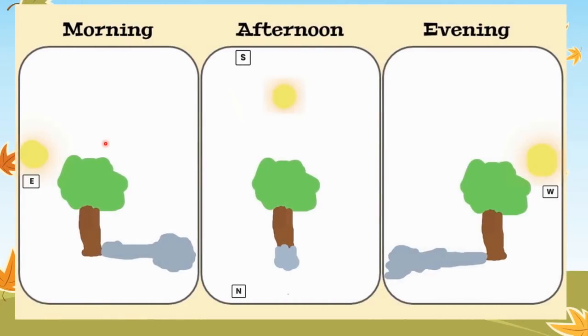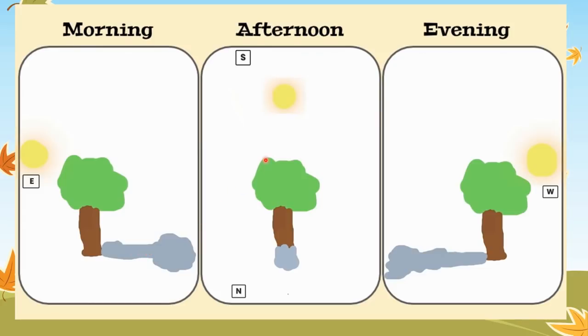So students, as you can see, there is morning, afternoon and evening, which describes the long shadow and short shadow. In the morning, the sun rises from the east and the shadow of the tree is very long and it is in west direction.